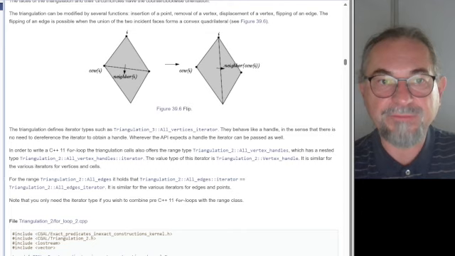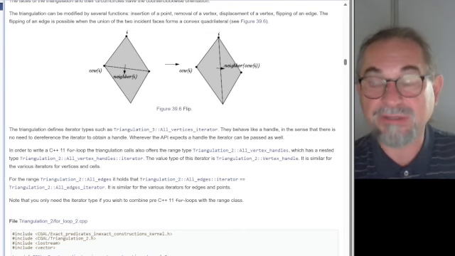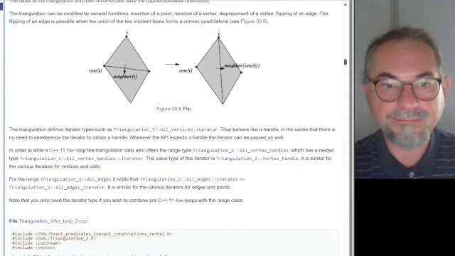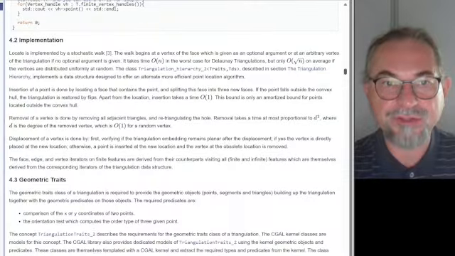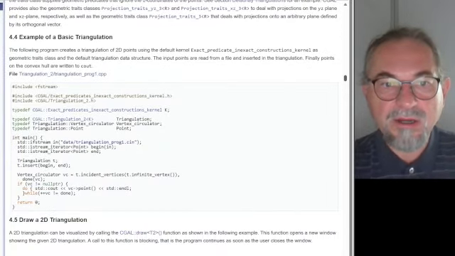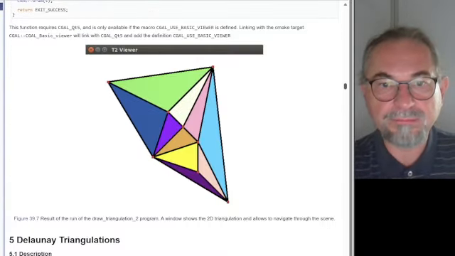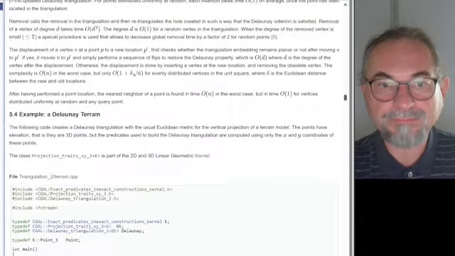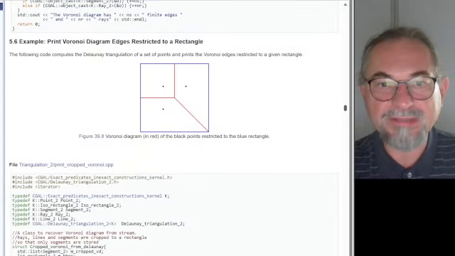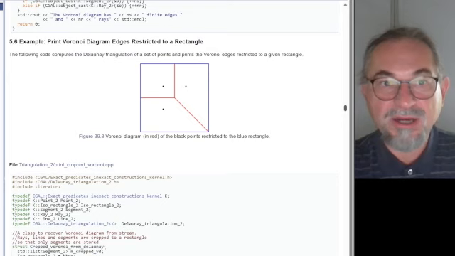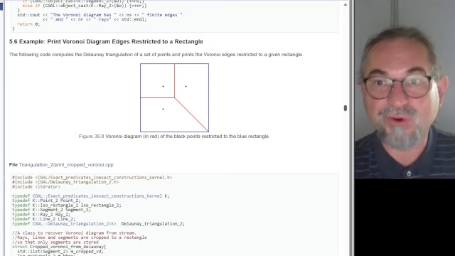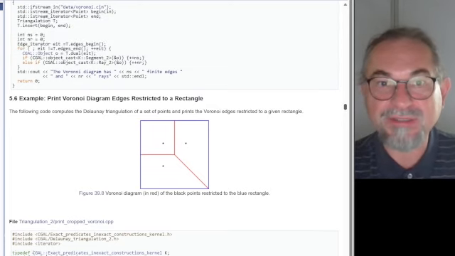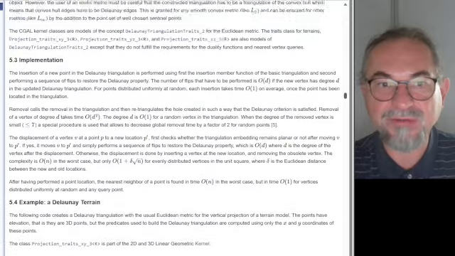So flipping an edge, how this can be done very quickly with these data structures. Yeah, so that is mainly it. And here you see the Voronoi diagram. We will get to this next time.